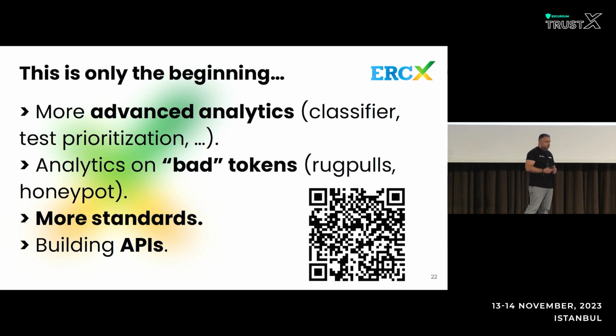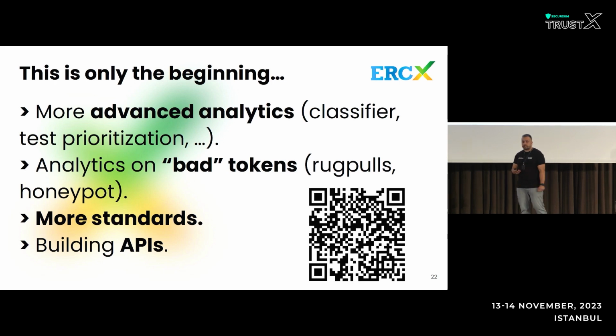We are also running those kinds of analytics on lists of bad tokens, such as rug pulls and honeypots, in order to better understand their behavior and try to get some sort of signatures for these tokens. As I said, we will address more standards. Finally, we are building APIs to provide the community access not only to our test suite, but also to these test analytics.